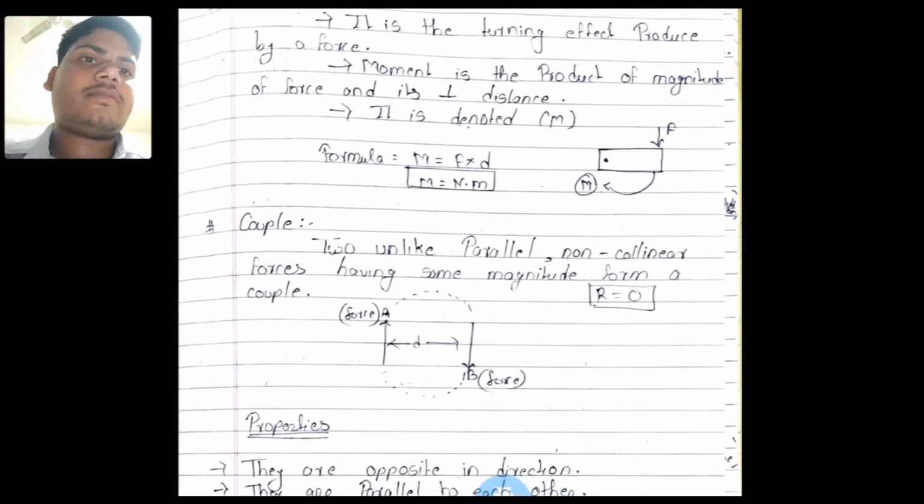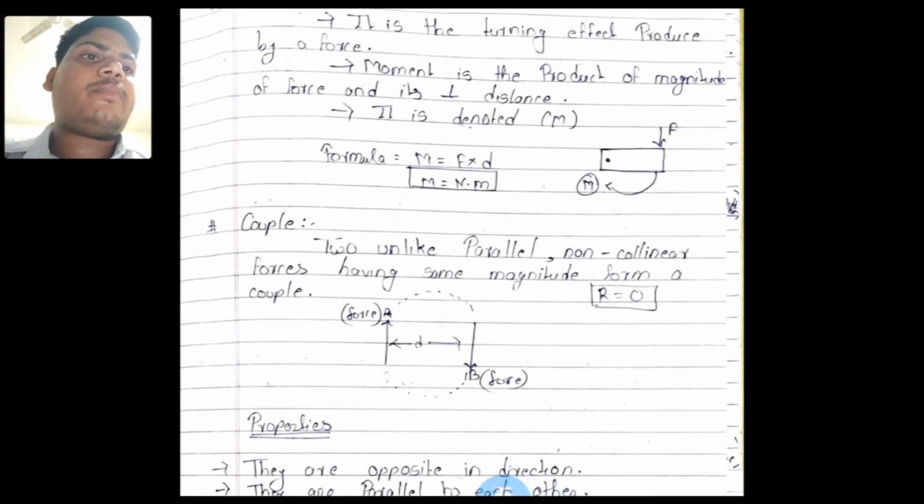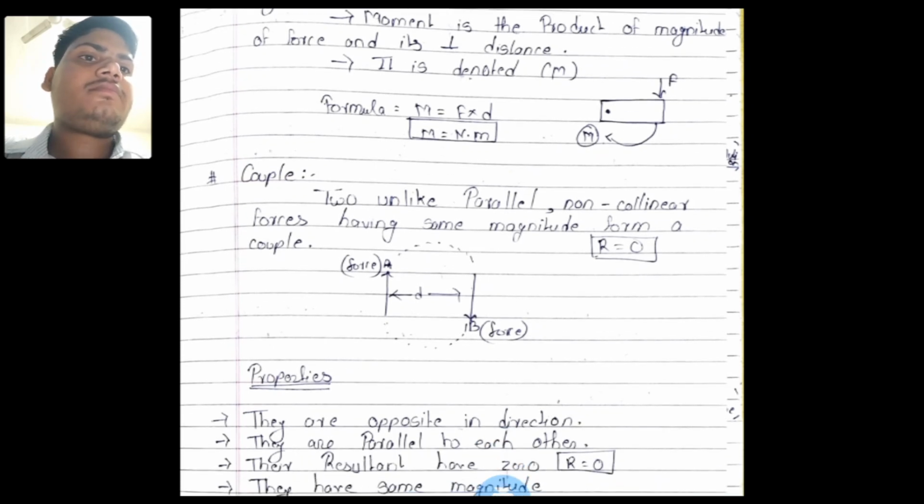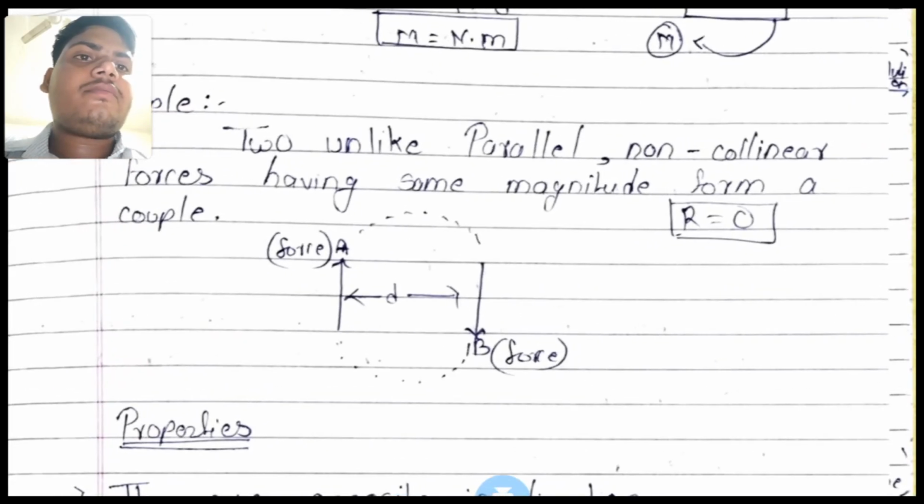Now couple. Two unlike parallel non-collinear forces having the same magnitude form a couple. Here force A is the first magnitude and B is the second magnitude. Force A goes upward and force B goes downward.